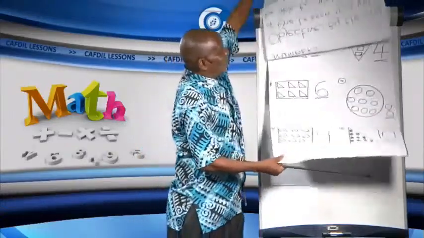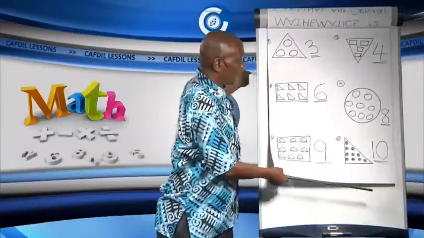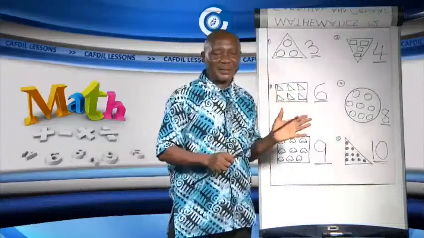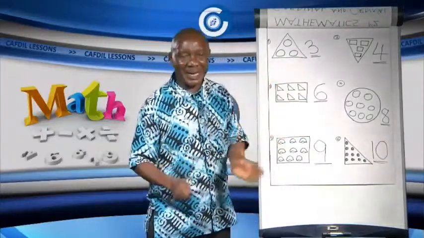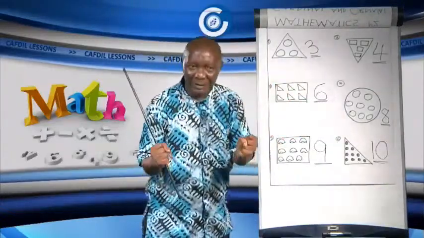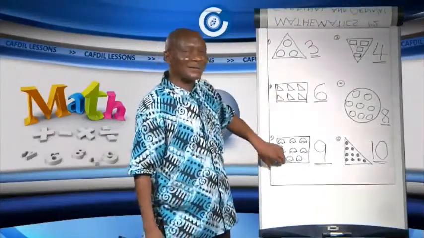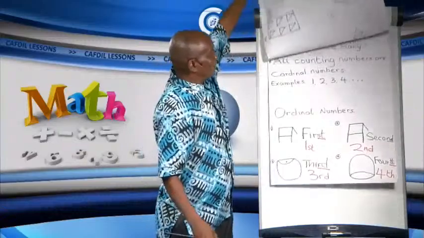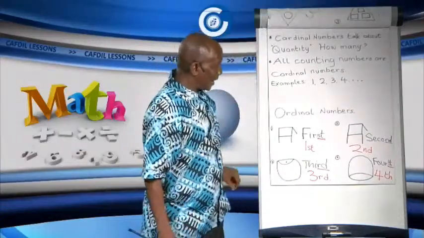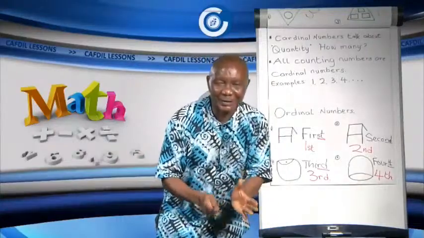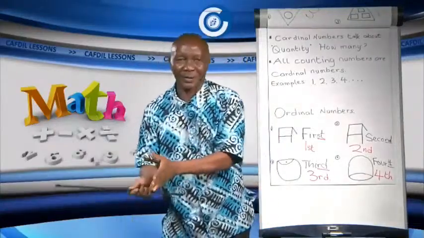Cardinal numbers deal with quantity, or cardinal numbers answer questions like how many, and ordinal numbers answer questions like what is your position?